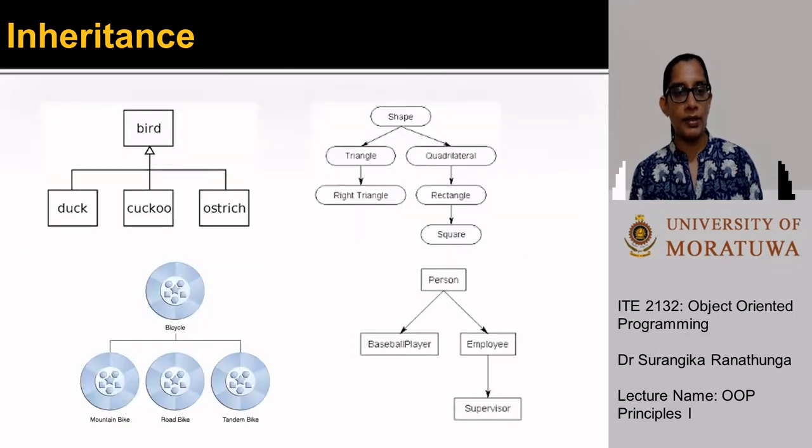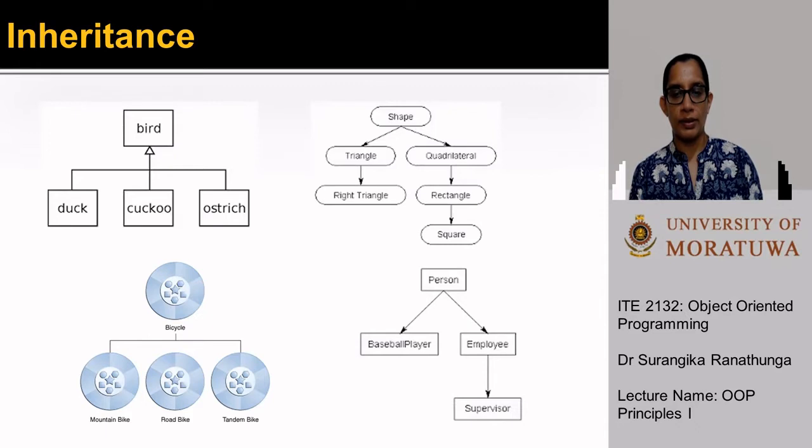In fact, the concept of inheritance has been borrowed from the real world. For example, if you look at birds, a duck or a cuckoo or an ostrich, they are all birds. Triangles and rectangles are all shapes. Bicycles, mountain bikes, road bikes, tandem bikes, they are all bicycles.